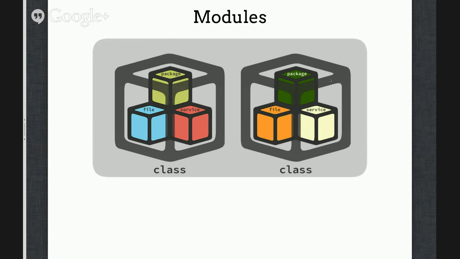And when they all get included in the correct order, they'll aggregate up into something that will actually be functional and will work for you. So this is the highest level wrapper, or container, which is called a module.